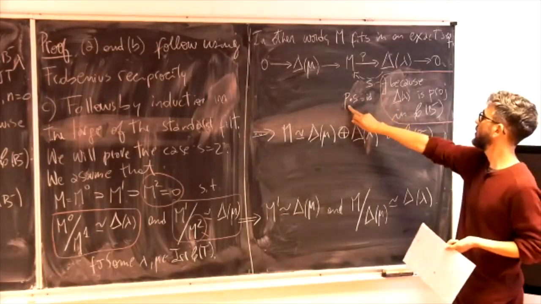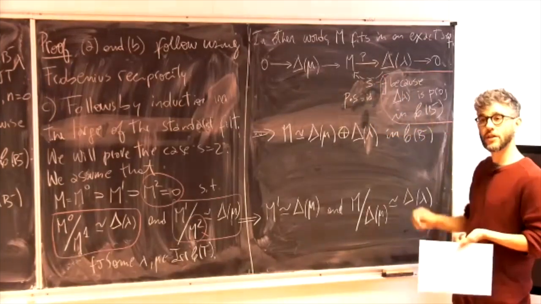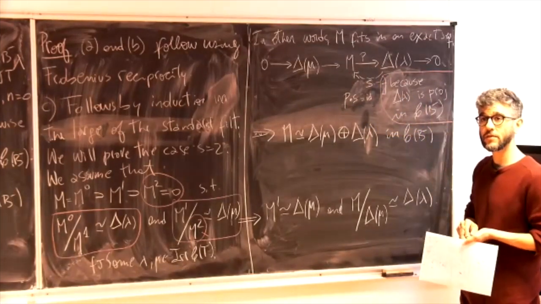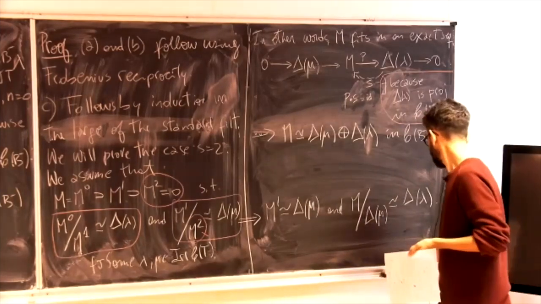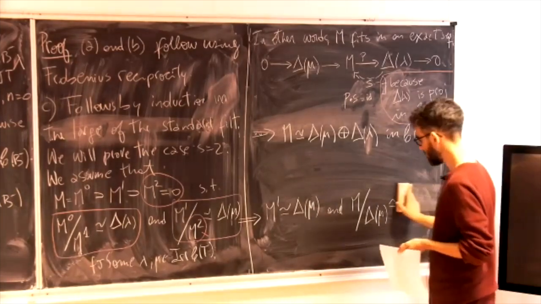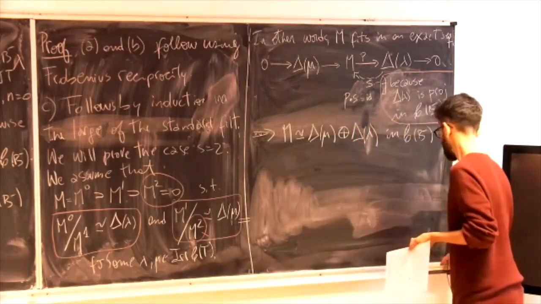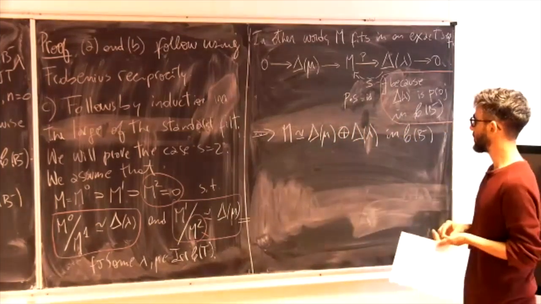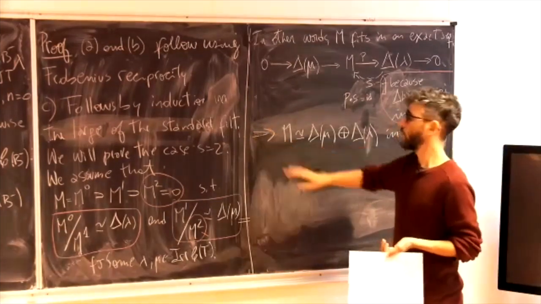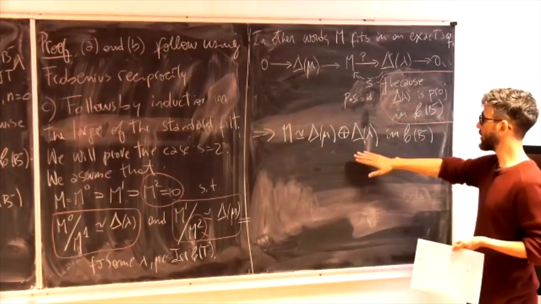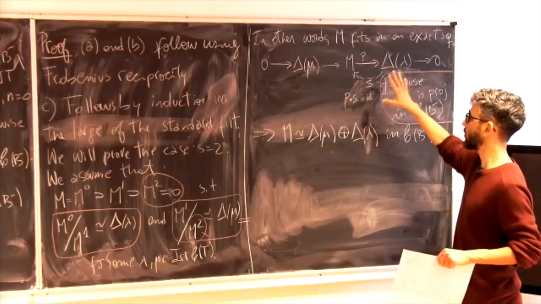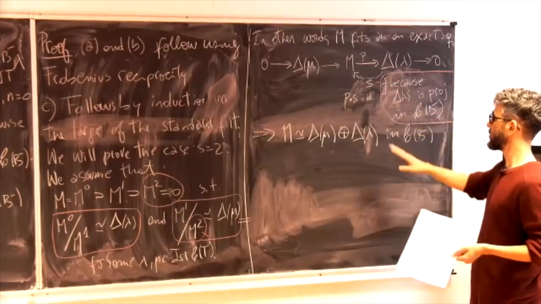This is because there exists this section of the projection in an exact sequence. If you are not familiar with this, you can see the book of Curtis and Reiner, and this is a common argument in representation theory.